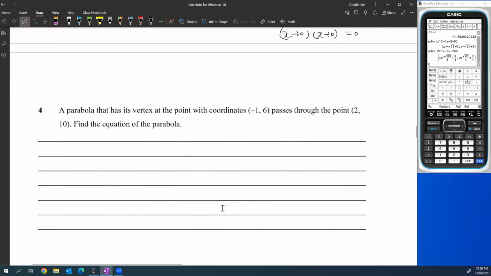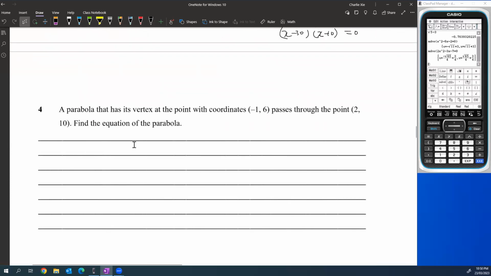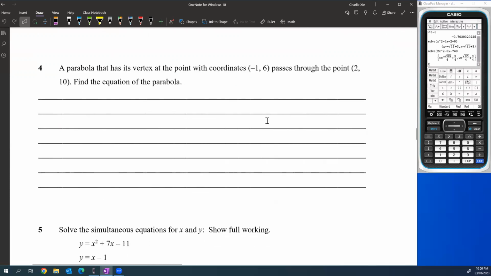All right, next question. Question 4: a parabola that has its vertex at the point with coordinates -1, 6 passes through the point 2, 10. Find the equation of the parabola. Given the turning point, the vertex means turning point, and it passes through a point. This reminds me of turning point form, because we know the turning point.